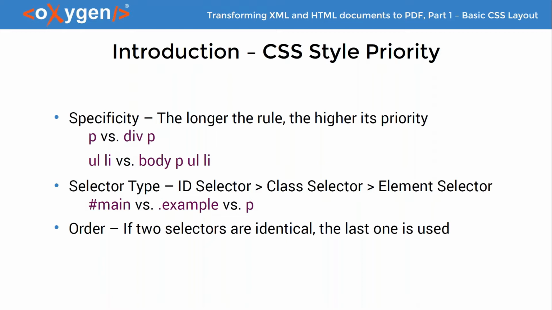And the last priority is the classic element selector. You have the example below. The main ID is the first used in this case. Then we apply the example class, and at the end the paragraph classic element. And as a reminder, as I said above, if two selectors are identical, the last one will be used for the same properties.